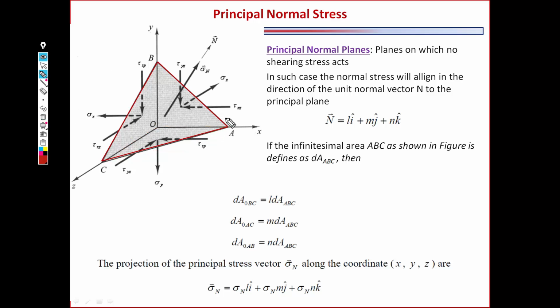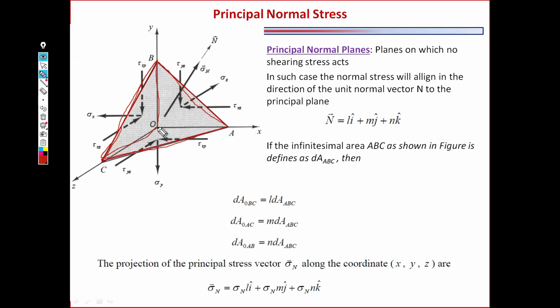Again, the relationship between the triangle ABC and the triangle BOA. Next, we will find the relationship between the triangle ABC and the triangle represented by O, B and C.